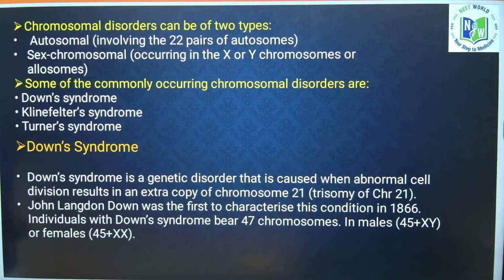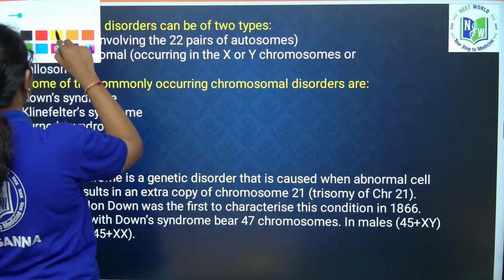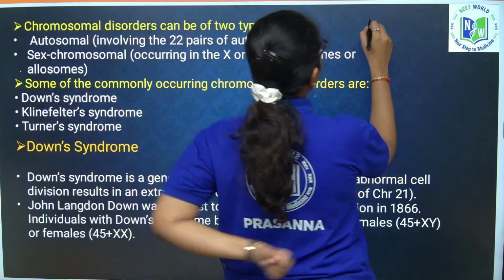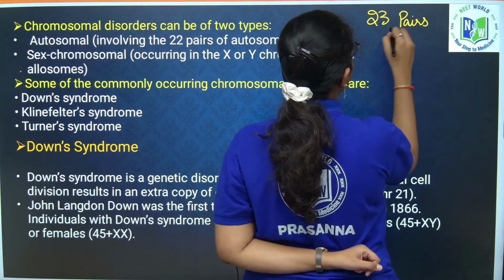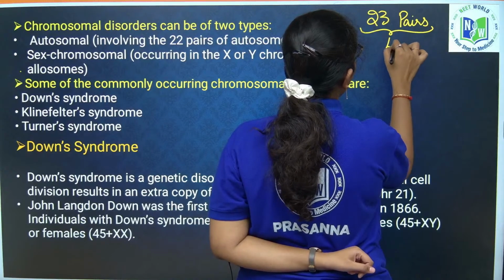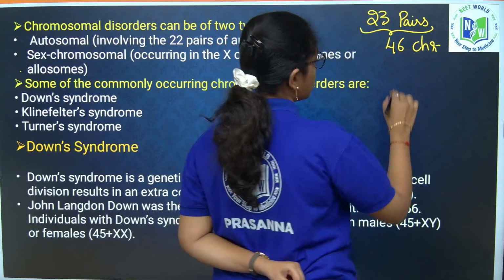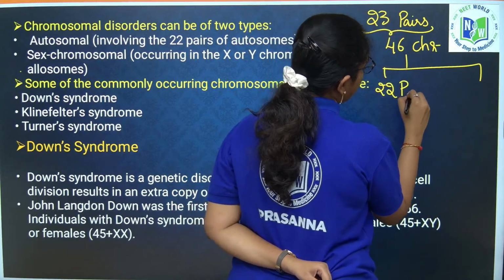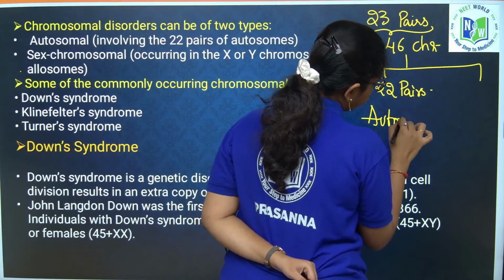Chromosomal disorders are of two types. If you look into the human chromosome set, how many chromosomes do we have? We have 23 pairs, or 46 chromosomes, of which 22 pairs are autosomes.